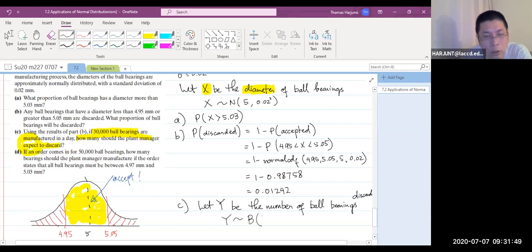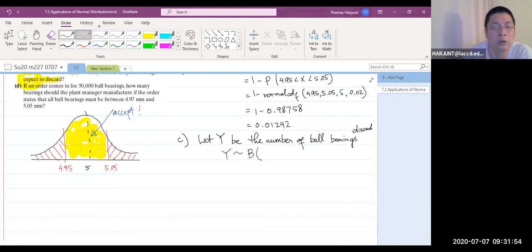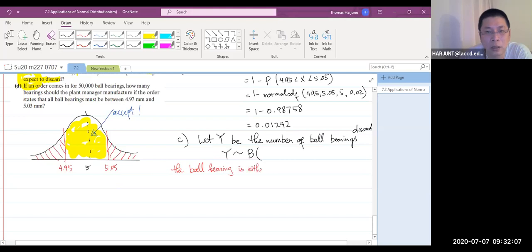So that ball bearing, maybe I explain it in a little writing here, the ball bearing is either accepted or discarded. And the thing is, we know that it is discarded at the proportion of 0.01242.